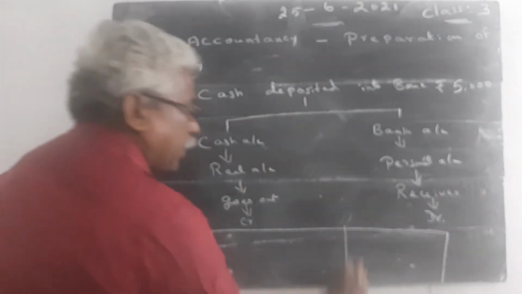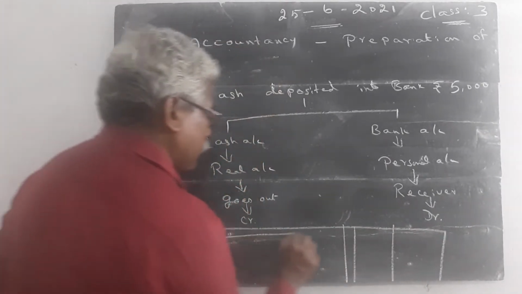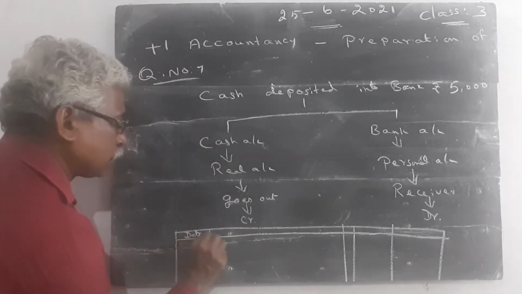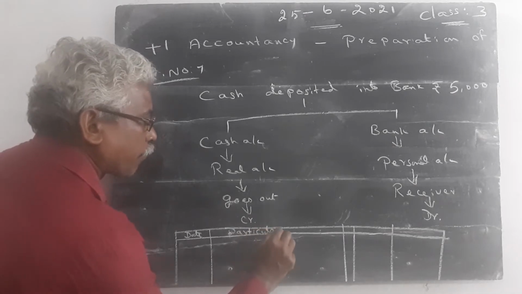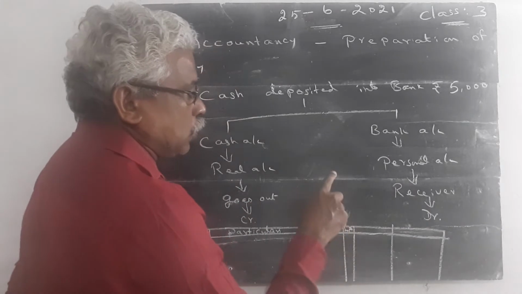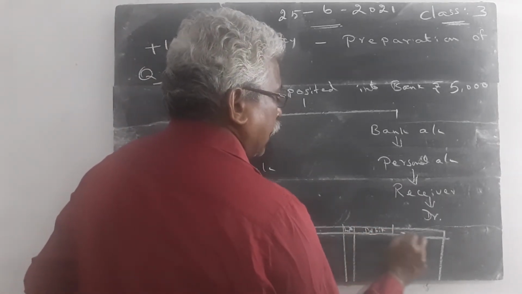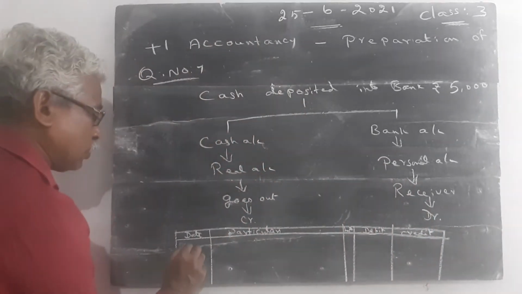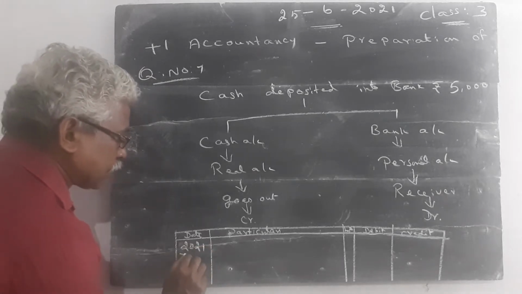Date, particulars, ledger folio, debit, credit. The ledger folio column is not at all used, but you have to draw the column. How do you write the entry? First you write the year, then the month, then the date.